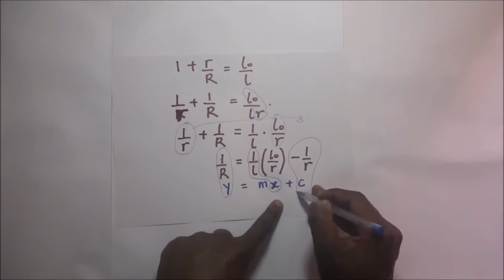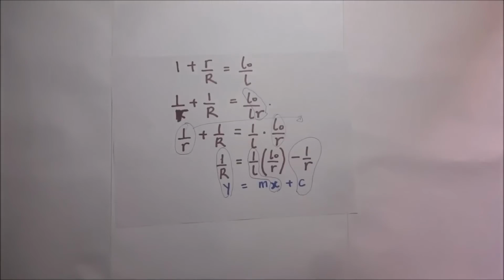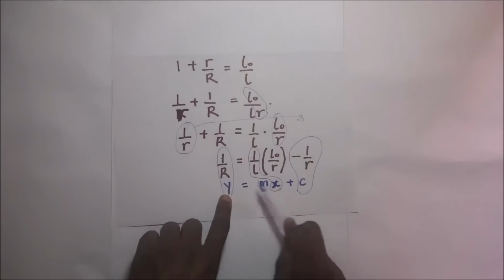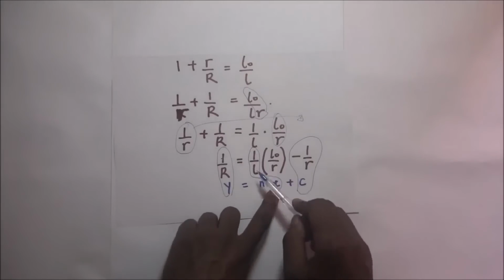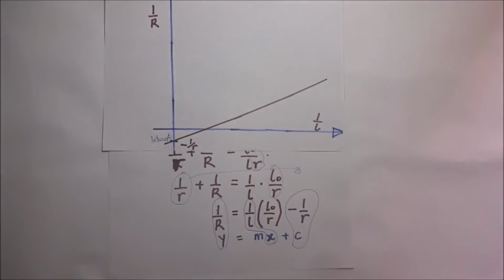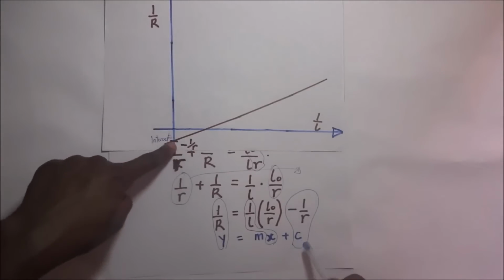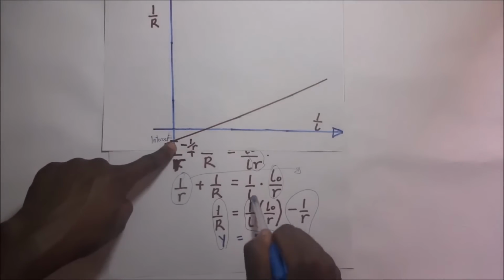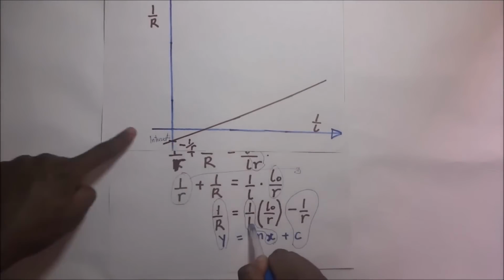So that is why we say that for us to get the y-intercept, we plot a graph of y, which is 1 over R, against x, which is 1 over L. And this is the graph we plotted. Our value of c is the y-intercept, which is negative 1 over R, which is right there. And it is from here that we are able to get our internal resistance. Our value of x is 1 over L, which is on the x-axis.